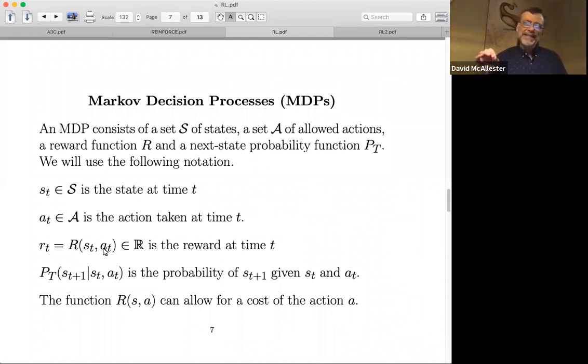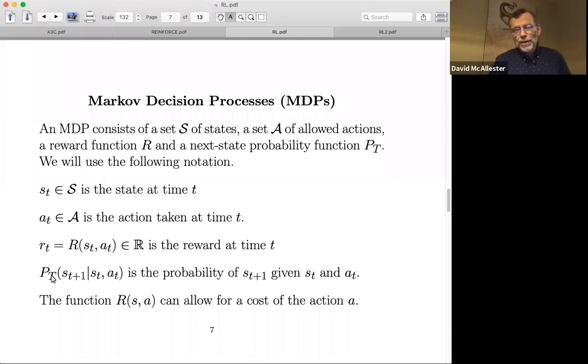That's technically convenient. This is a little confusing. Most people would think that the reward is a function of the state, right? How good is the state? But this way, if I make it both, it models the case where the action can have a cost. So when I take an action, the action has a cost. It leads to a state that has a reward, but I can summarize that as a reward in the state and the action.